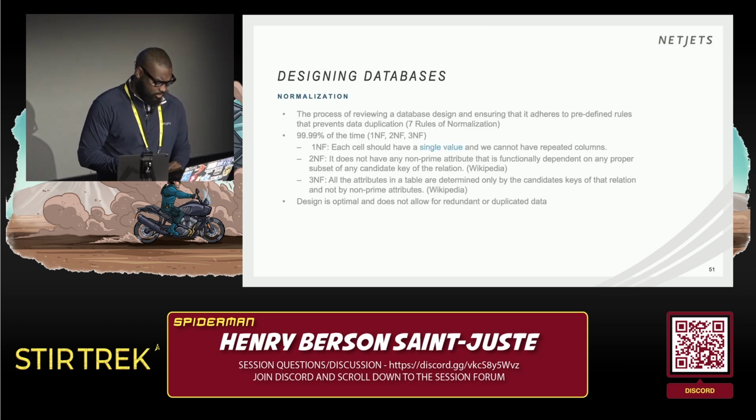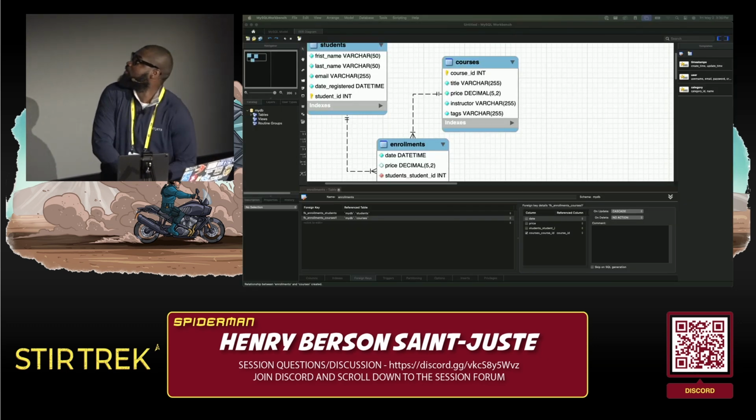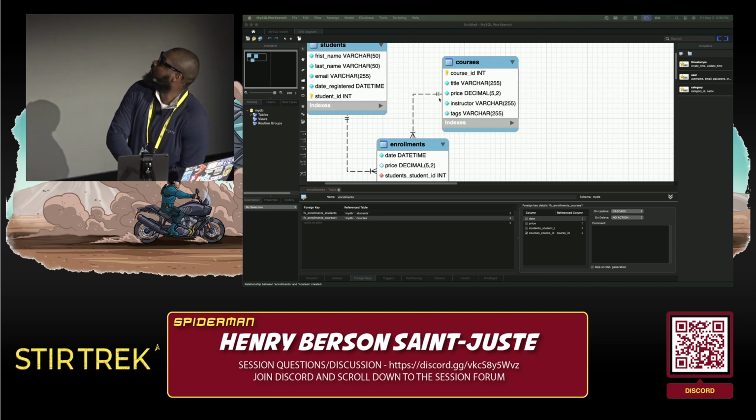For the second normal form, let me go back to our example to see how we could do this as well. In our example, we have tags. Let's say we have front end for a course and back end for a course, and these are comma delimited.